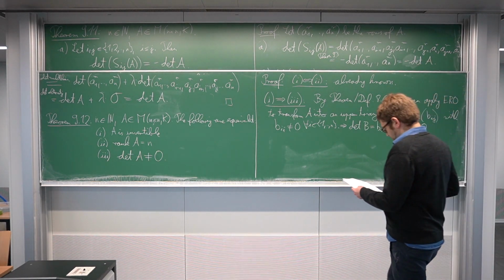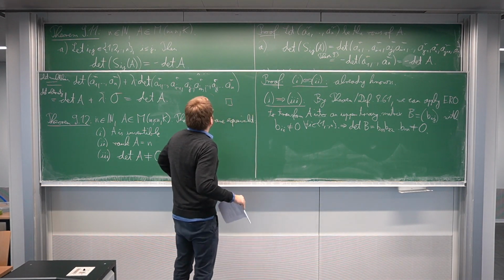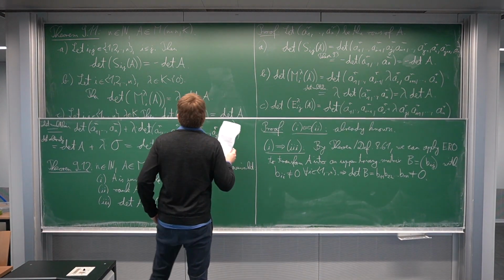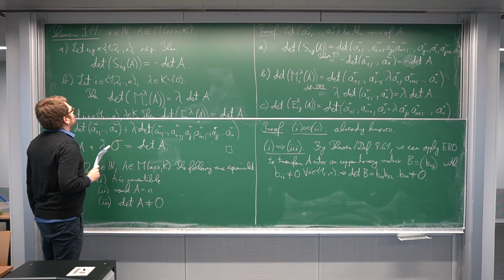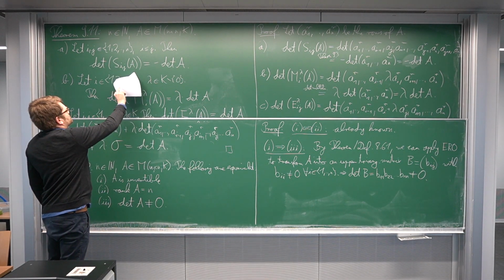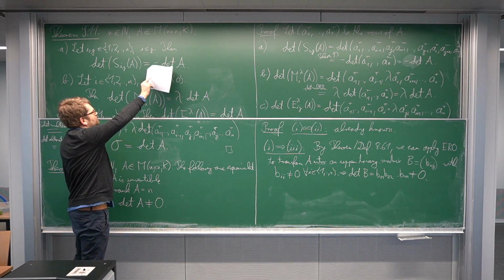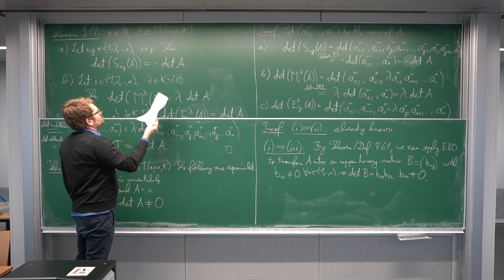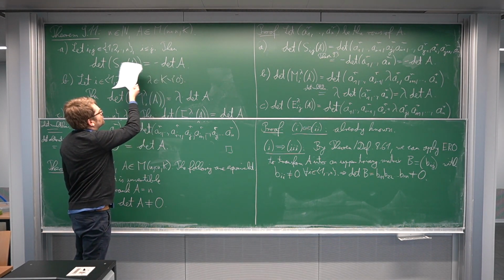Now, if we take a look at what happens with elementary row operations. So what happens if we apply row operations to A and transform it into B? What happens along the way? This might mean we have to multiply with a minus sign, and if one of them is non-zero, the other one is non-zero as well.